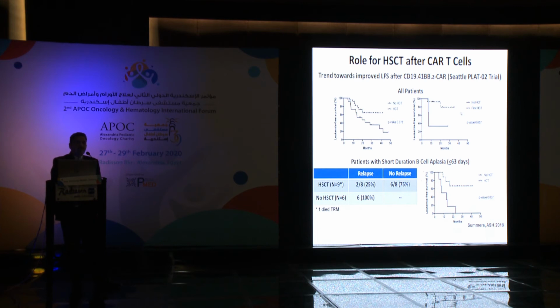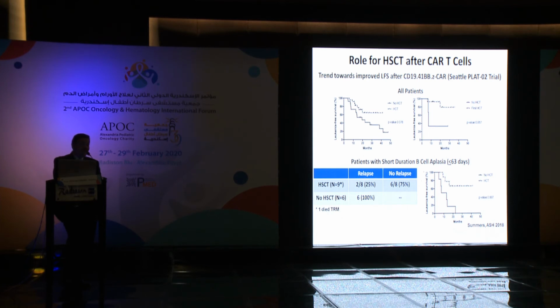Following up on this data, if the patient got CAR T-cell therapy after relapse from the first transplantation, at least based on the limited data, there was no benefit from transplantation or doing a second transplant. However, patients who had a short-lived duration of B-cell aplasia, defined as re-emergence of B-cells or loss of B-cell aplasia in less than 63 days after the infusion of CAR T-cells, all of those patients would ultimately need transplantation.